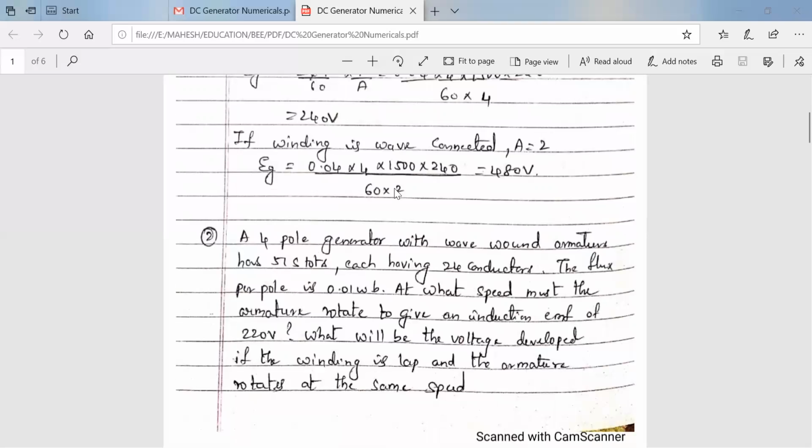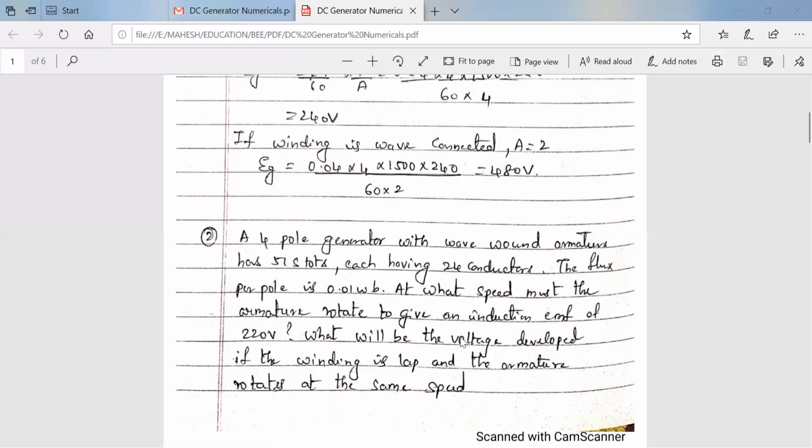The second one: a 4-pole generator with wave wound armature has 51 slots, each having 24 conductors. The flux per pole is 0.01 Weber. At what speed must the armature rotate to give an induced EMF of 220 volts?